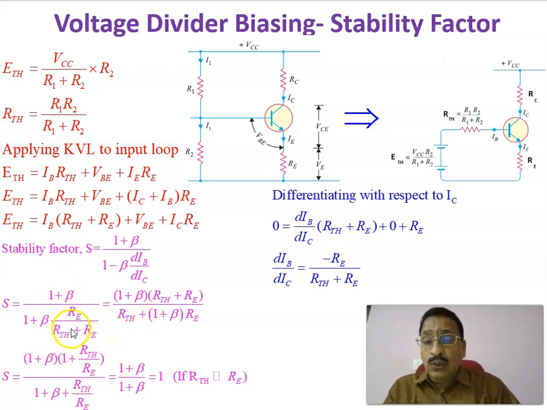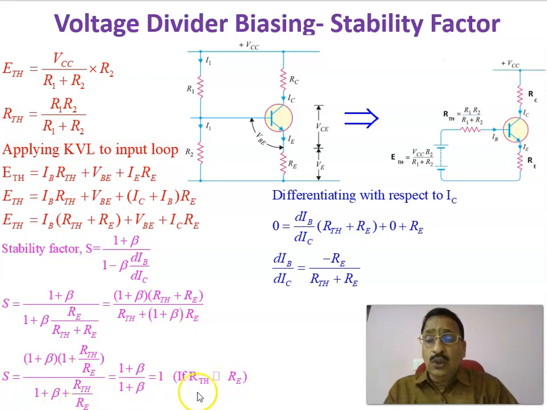Therefore, substituting here, it becomes (1 plus beta) (RTH plus RE) divided by (RTH plus (1 plus beta) RE), or taking RE outside, (1 plus beta) (1 plus RTH divided by RE) divided by (1 plus beta plus RTH divided by RE).